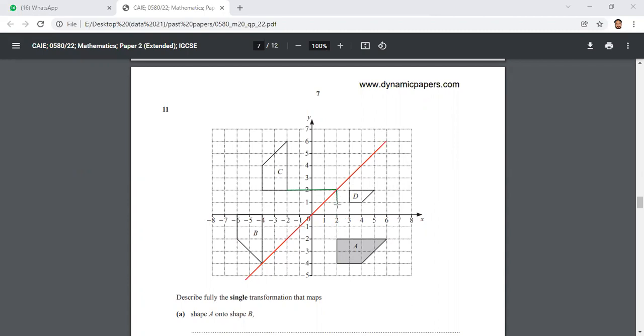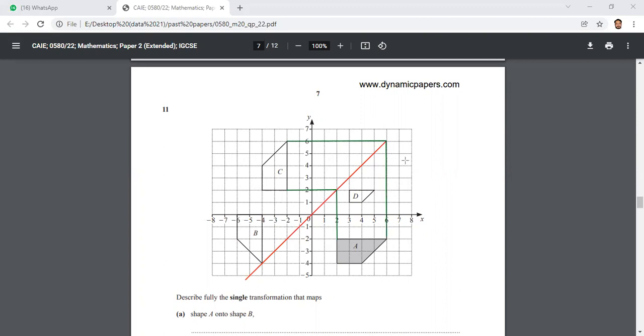Check again: 1, 2, 3, 4 boxes. So exactly the same distance. If you check this point to here, we have 2 and 6, 8 boxes. And if we go down, we have 6 and 2, 8 boxes. So exactly the same distance we are getting.